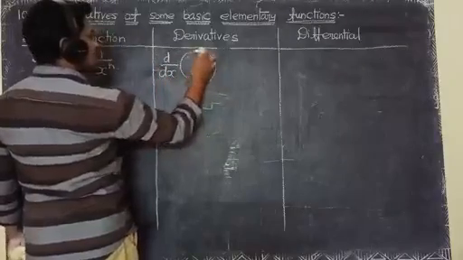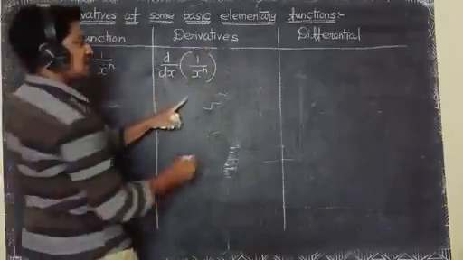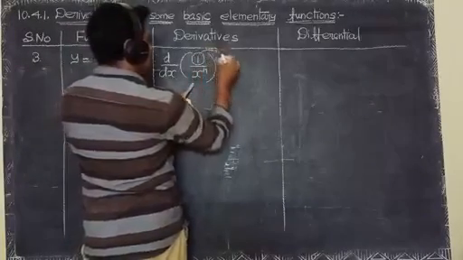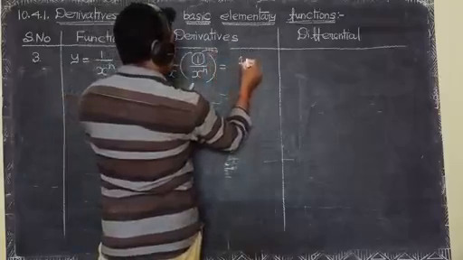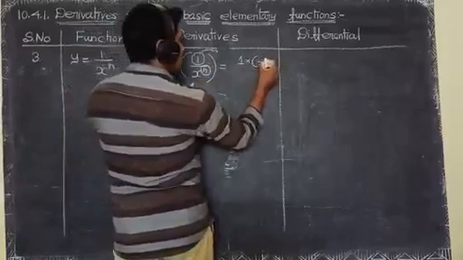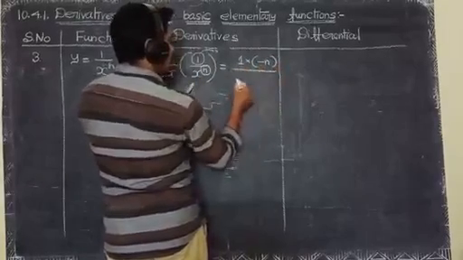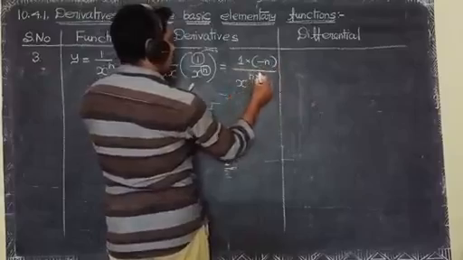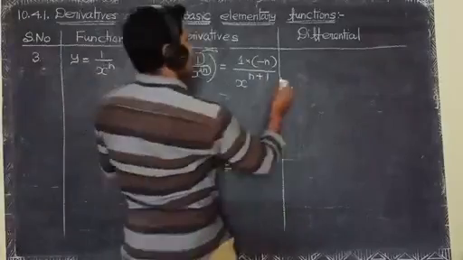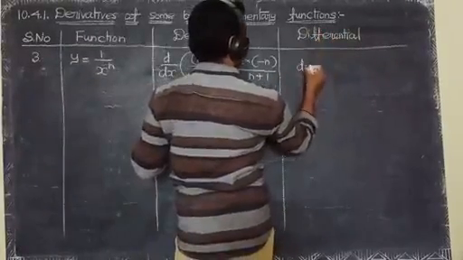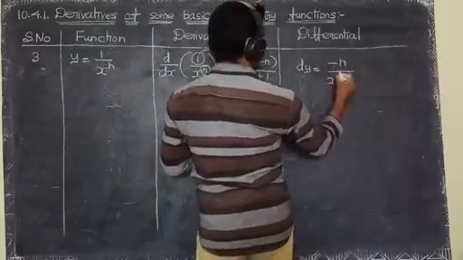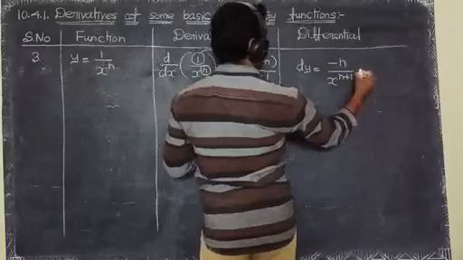It is a quotient function, which is equal to, here the numerator is 1, that is 1 into minus n divided by x power n plus 1. Therefore the differential is dy equal to minus n divided by x power n plus 1 into dx.